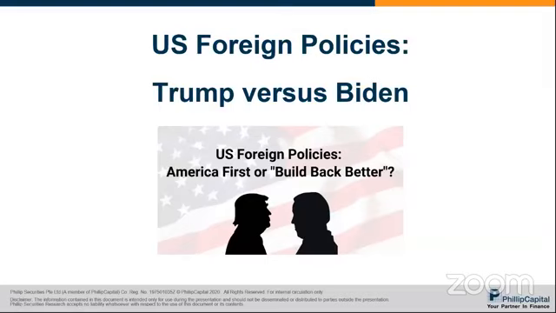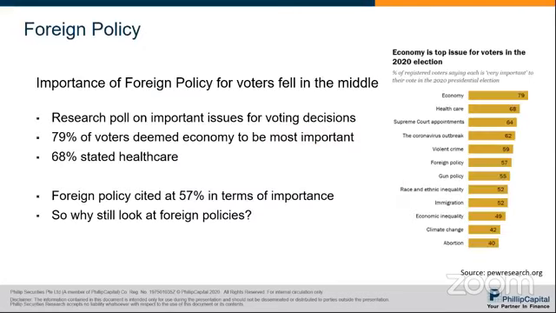In a nutshell, Trump and Biden are very divided in their views and priorities over different foreign policy issues. In a poll by Pew Research Center early in August 2020, about 79% of US registered voters said that the economy was very important for their voting decisions, while 68% cited healthcare.